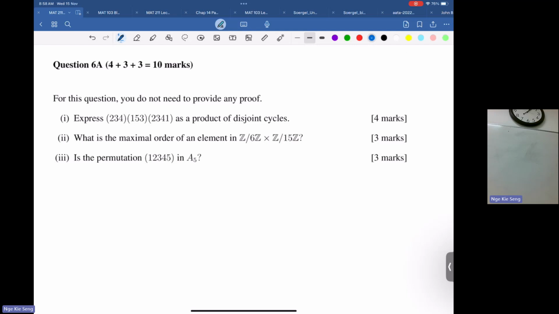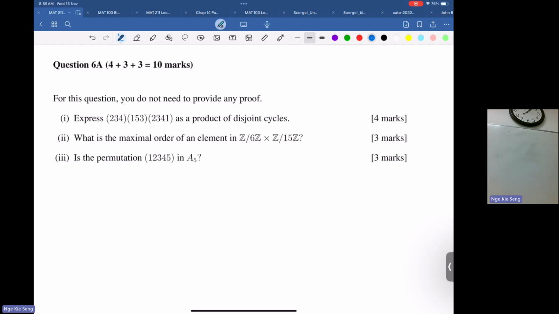And on the right, you have 15, so everything will go to 0 when you hit a multiple of 15. So the maximum order is the LCM. The LCM gives you the number when they first go to 0 together in the product group.